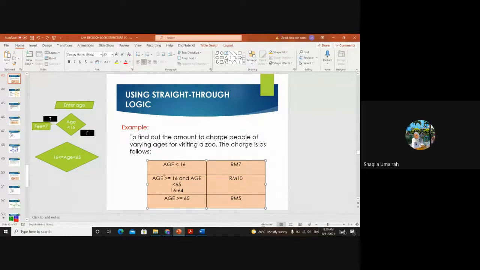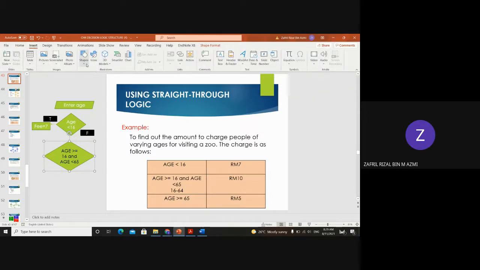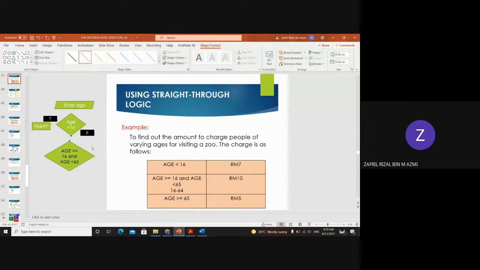Make sure you know how to convert this information to this expression. So this is what you put inside of a condition. If it is false, we go here. If this is true, what will happen?